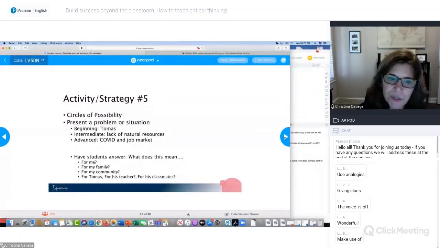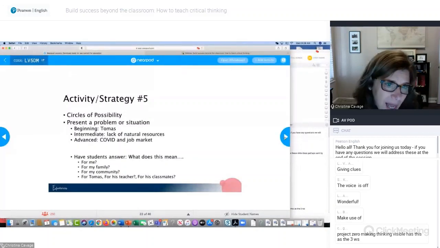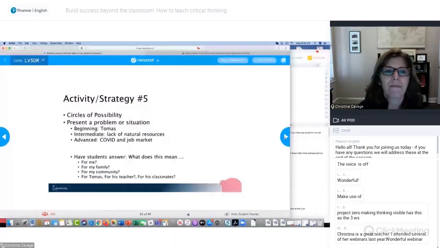Then I might have students work either individually at first and then put into groups. So the first one would be, what does this mean for me, this problem? So if I'm Thomas at that beginning level, and Thomas came late for class, if I'm me, what does this mean?